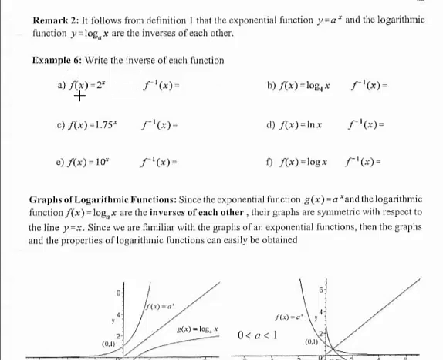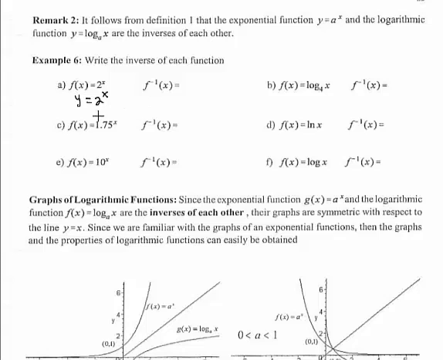Alright, in the previous section talking about inverses, that was section 1.6, what we would do is take the y and the x of the equation and swap them, and then solve for y, and that would give us our inverse function.